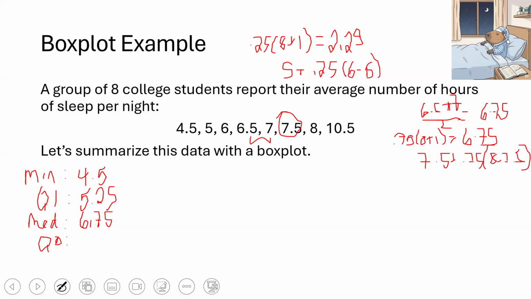The 0.75 from here is what's going there. And then the 8 minus 7.5 is the distance between those two data points. So we're doing 8 minus 7.5, multiplying that times 0.75 and adding that to 7.5. We get 7.875.